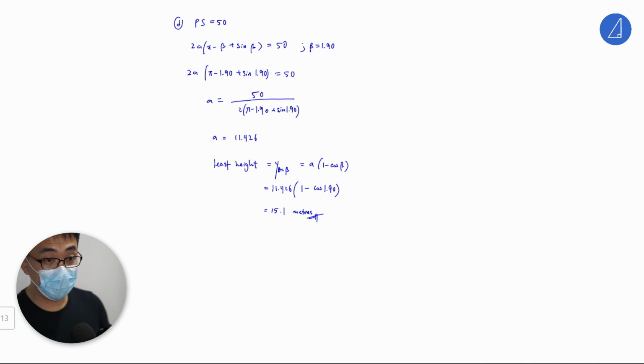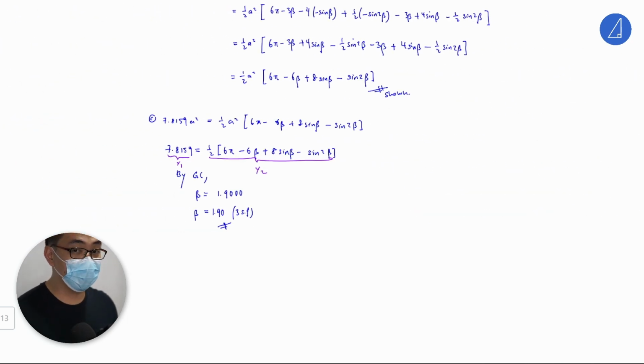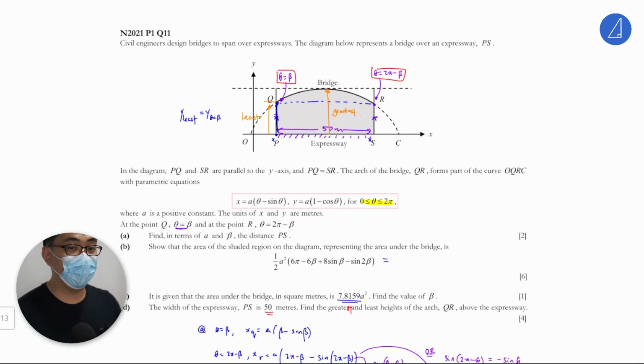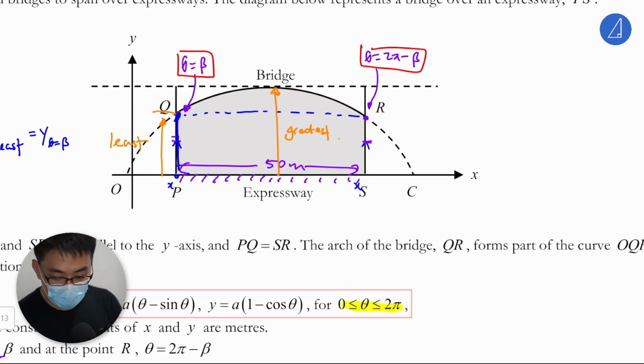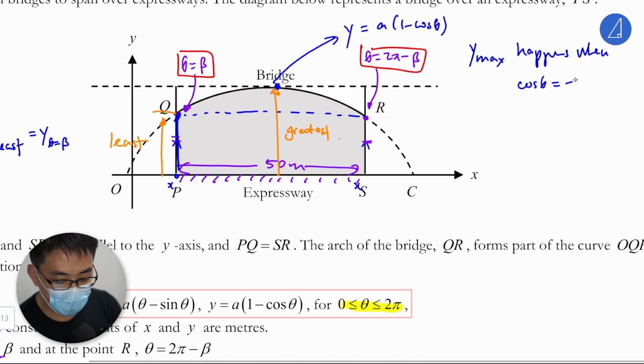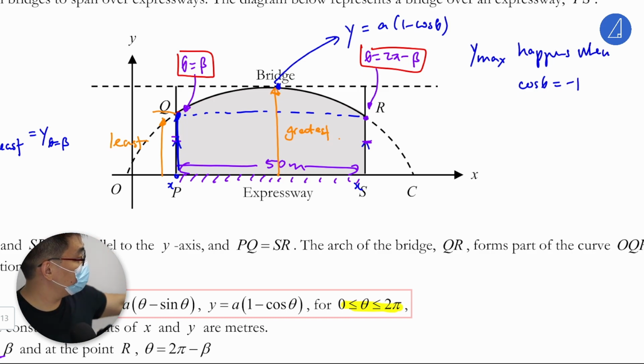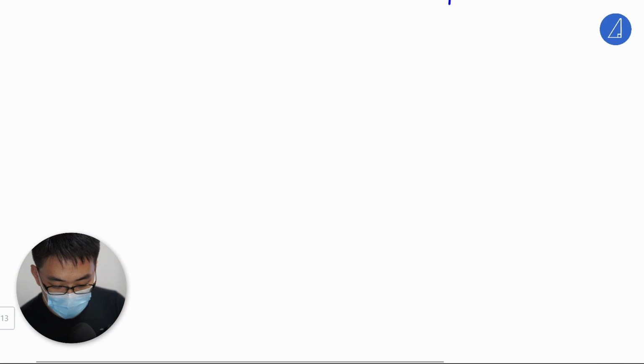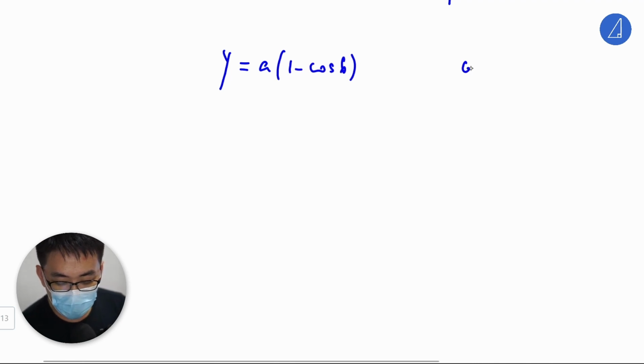Okay, maximum height, there are actually two ways to do it. You can either dy dx equals to 0, the top height there, but that will be too troublesome because maximum height here, we don't have a parameter here, but what we know is y is equals to a1 minus cosine theta, right? So if y max happens when cosine theta is -1. Right? You know that cosine theta oscillates from 1 to -1.